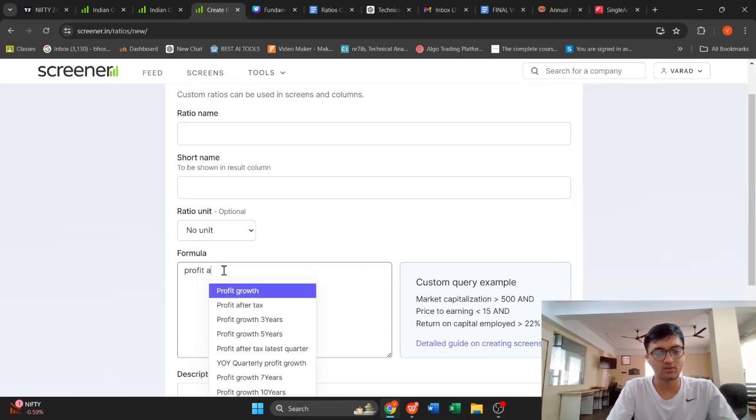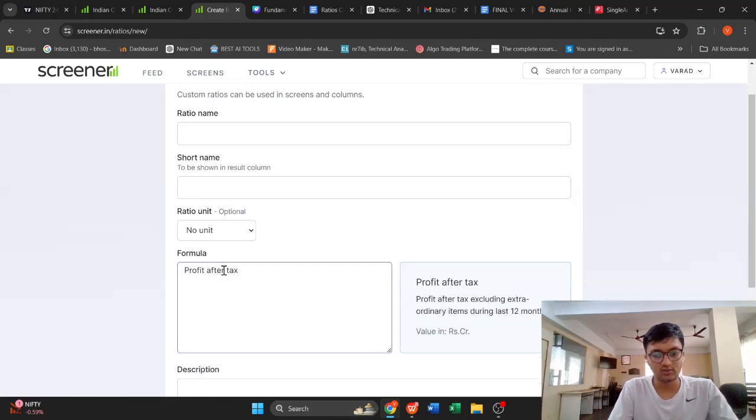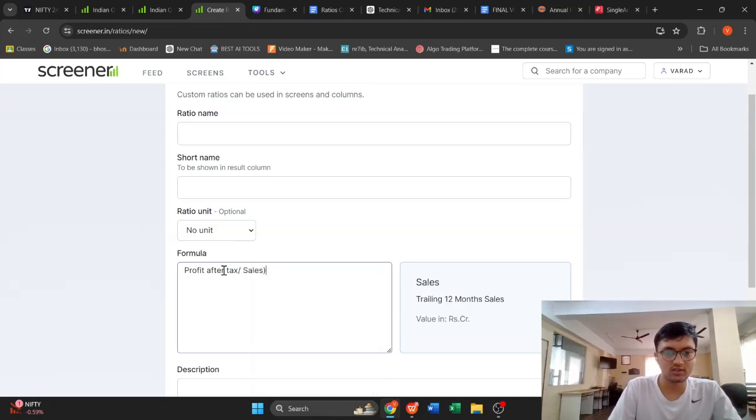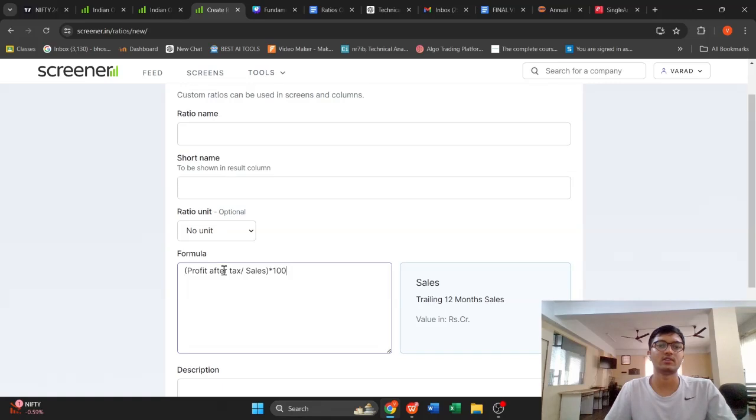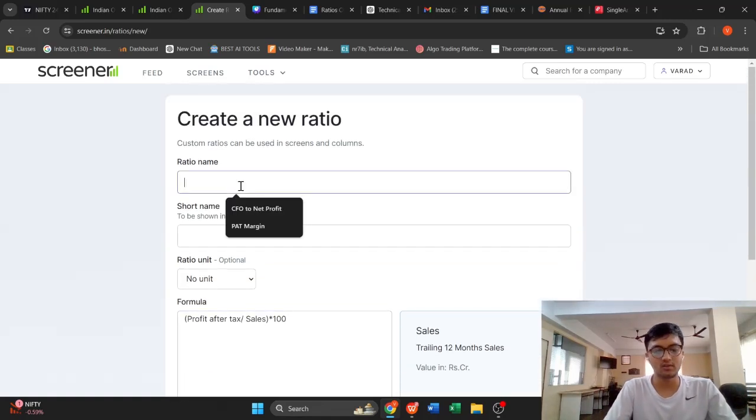It's fairly good because the industry uses this, and it's actually a good tool to do fundamental analysis. I want this particular figure as a percentage, so you will just write this, and you will get the PAT margin.